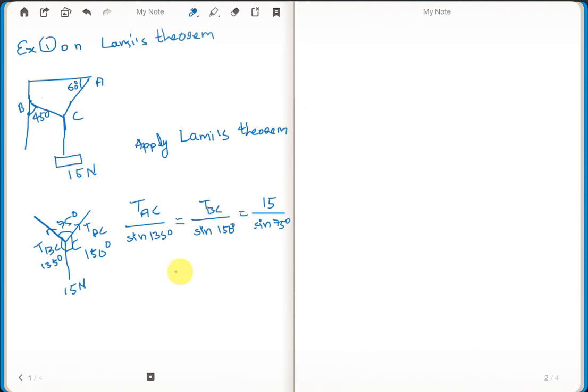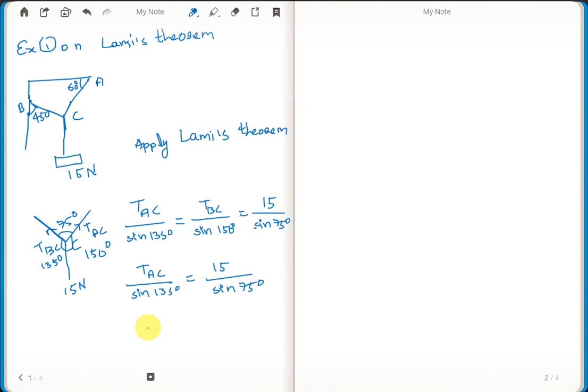From this relation obtained by Lami's theorem, we will calculate the tension in AC and the tension in BC. For calculating the tension in AC, take these two ratios. TAC by sine of 135 degrees is equal to 50 by sine of 75 degrees.